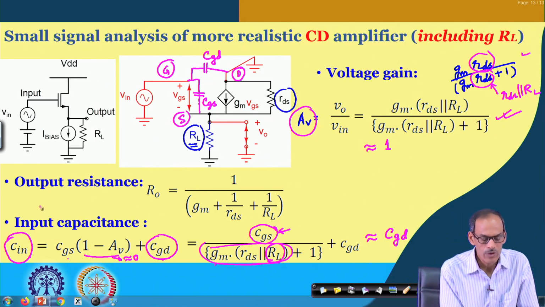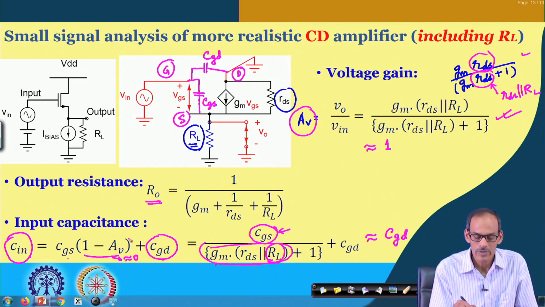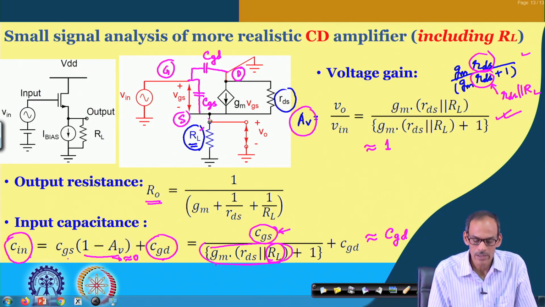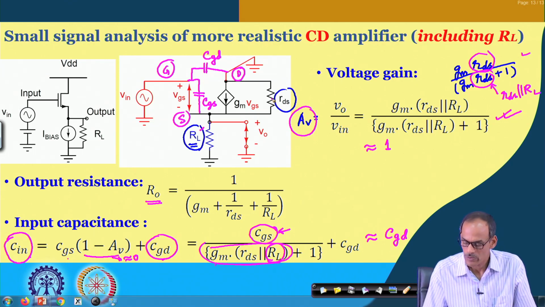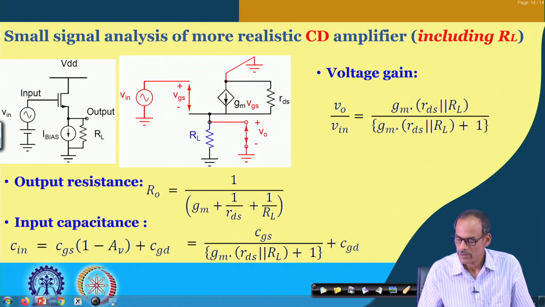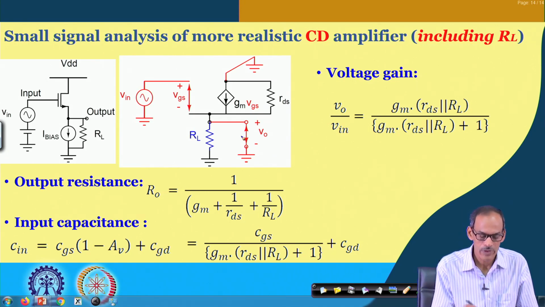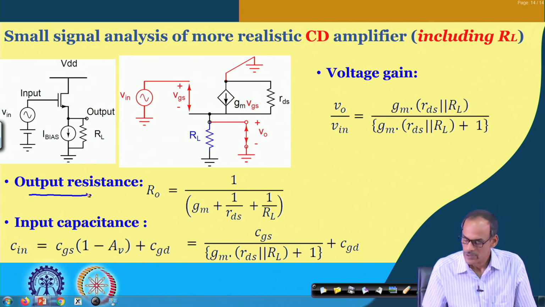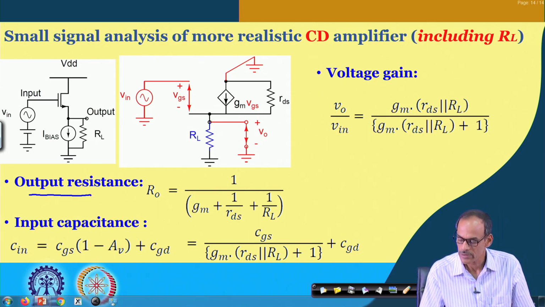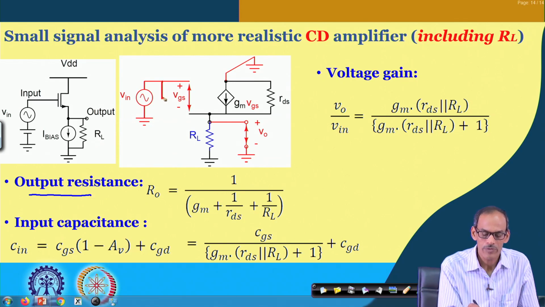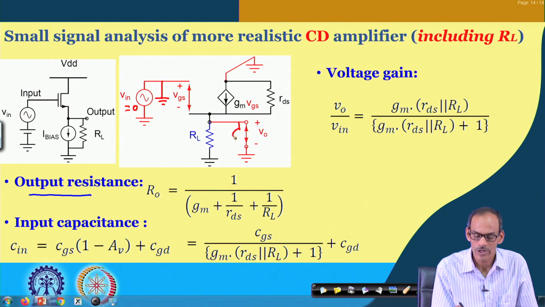And again, for the output resistance, if I consider this RL in addition to the other components, let me use a different color. Yeah. So, if I want to know what the output resistance will be, let me use red color. We have to make this ground, and then we need to stimulate this circuit by, say, Vx, and the current flowing through this is Ix.